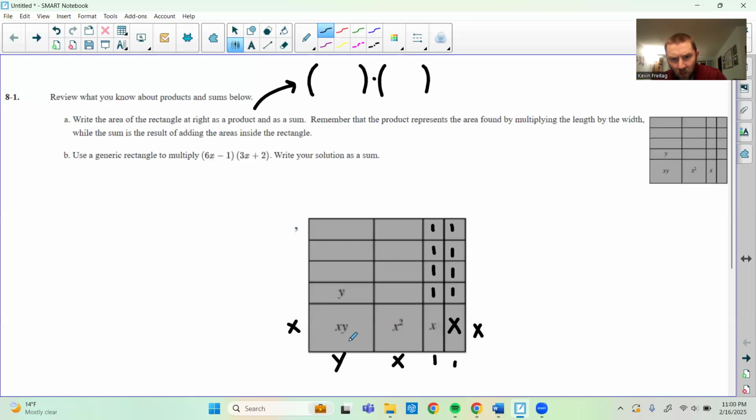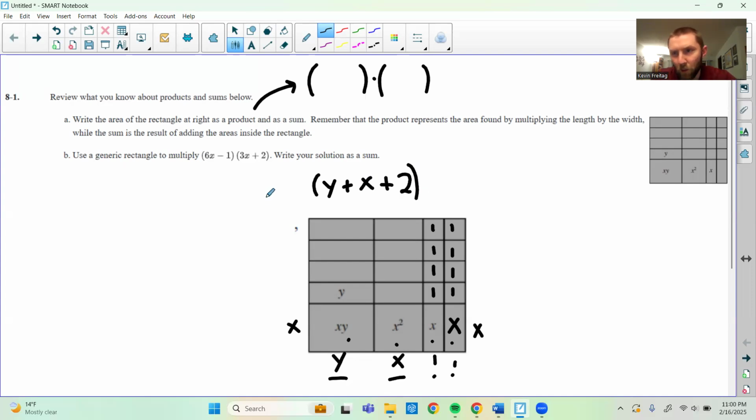So if you go through the 4 tiles, 1, 2, 3, 4 that we have in the bottom row, we should be able to recognize that the dimension across the bottom, the entire base of this big pile of tiles, is a y plus an x plus 2 ones, which would give us a total dimension of, and I can put it in parentheses as one of my factors, one of the parts of my product, y plus x plus 2.